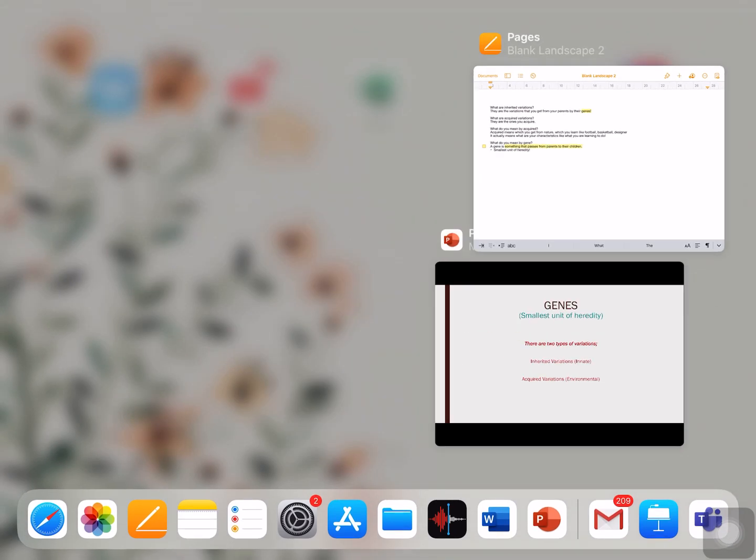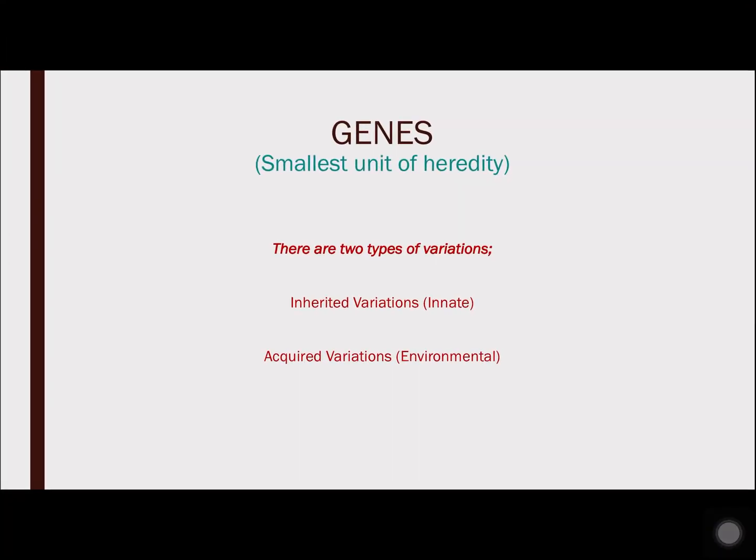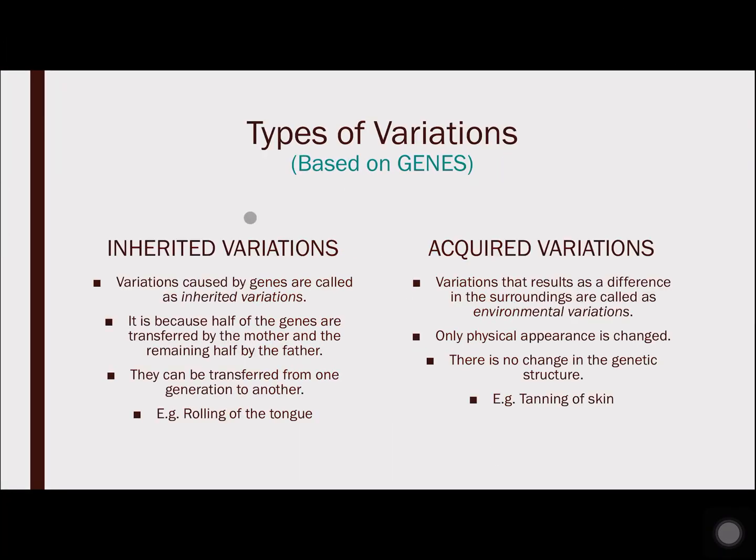Now let's see what the types of variations based on genes are. Inherited variations are caused by genes. Then acquired variations are variations that result from a difference in our surroundings, also called environmental variation. I'm going to read inherited first and then acquired.